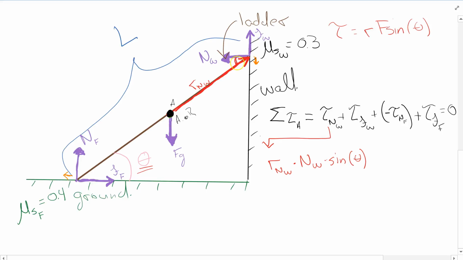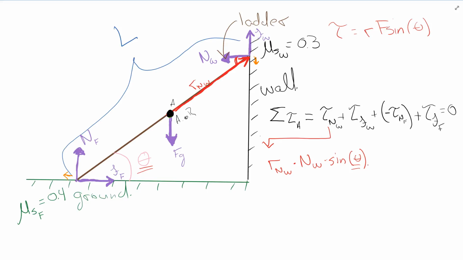So this angle right here is actually equal to the angle that we're looking for, theta, here in the bottom in pink. They are alternating interior angles, which is good because that means if I could solve for this theta, I could solve for the angle that I'm looking for. This is a good thing.